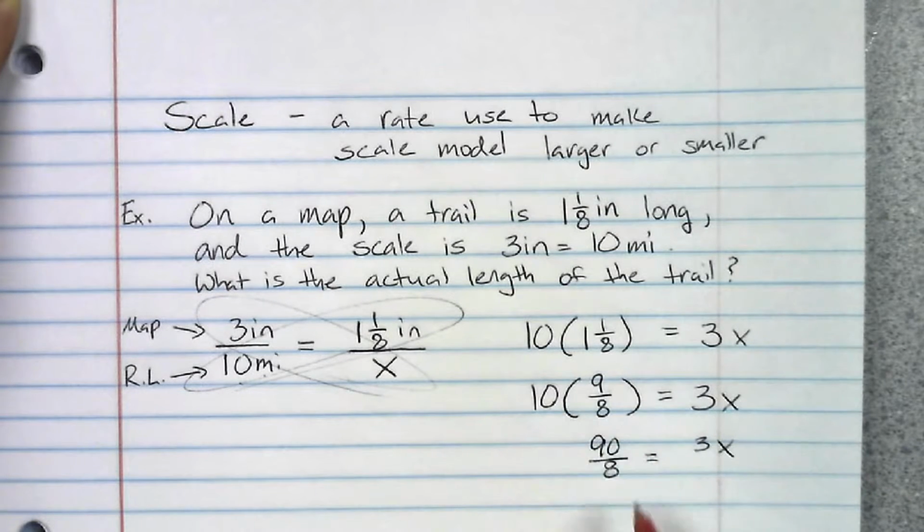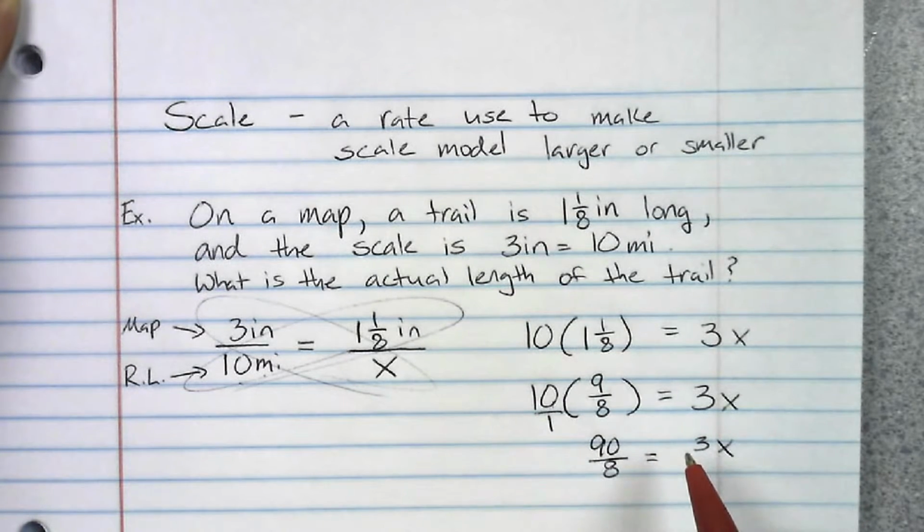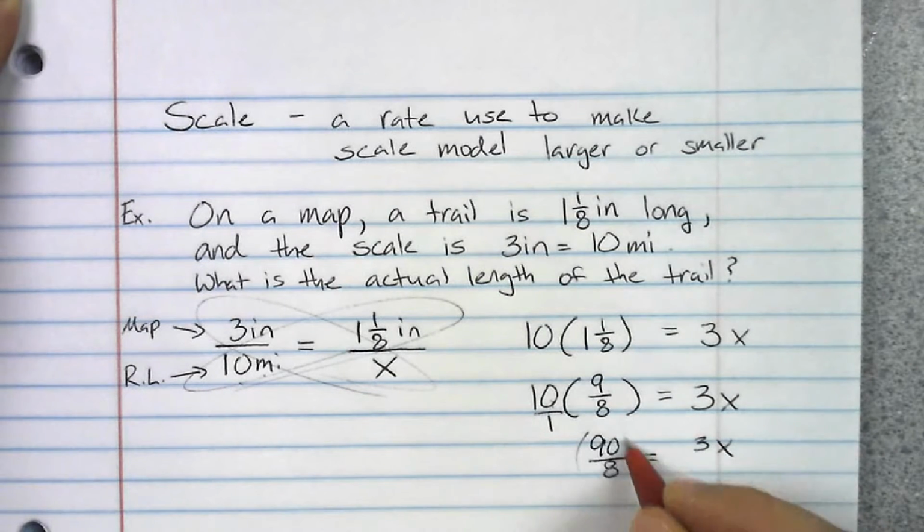And for those of you who aren't sure how I got from this to that, if I wanted to make this into a fraction, I could by putting it over a denominator of 1. Remember, you can do that to any whole number. Numerator times numerator, denominator times denominator. To remove this 8, I can multiply both sides by it.